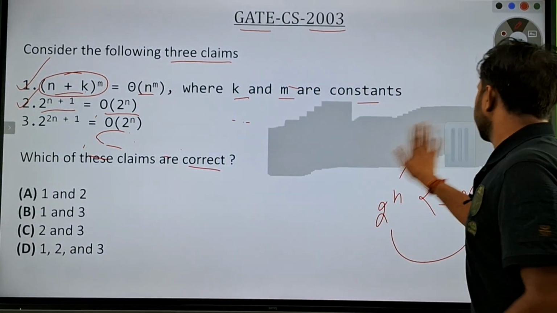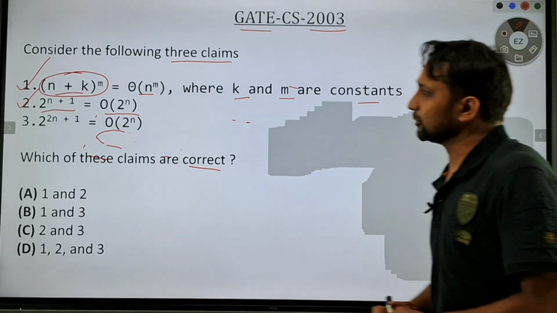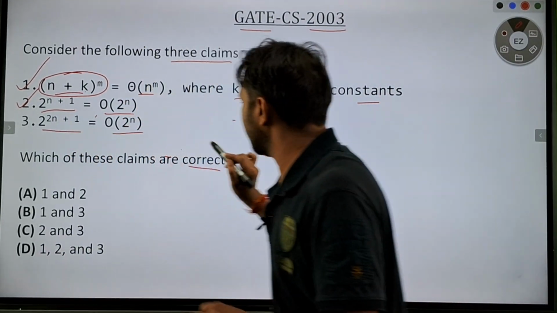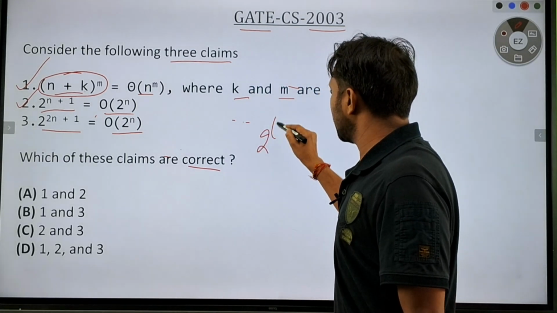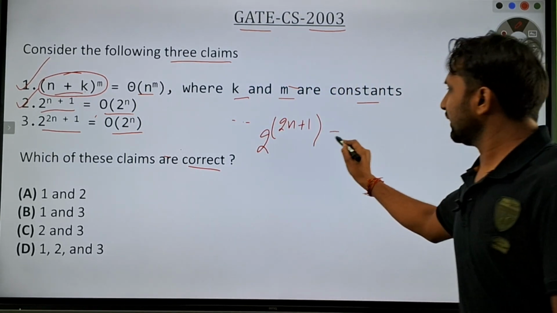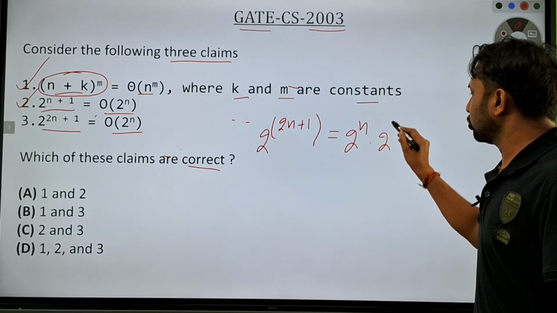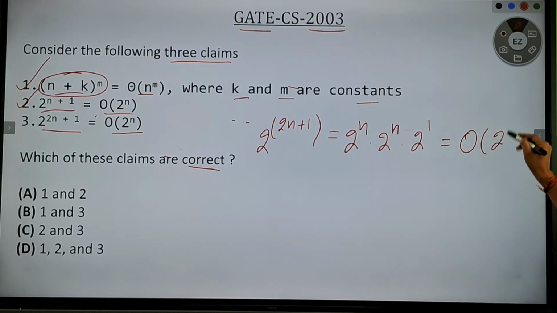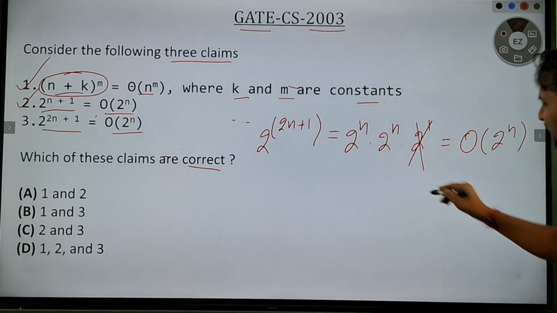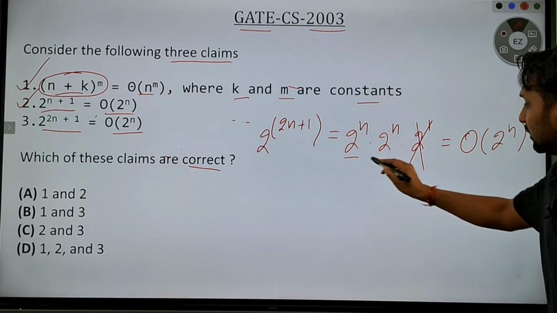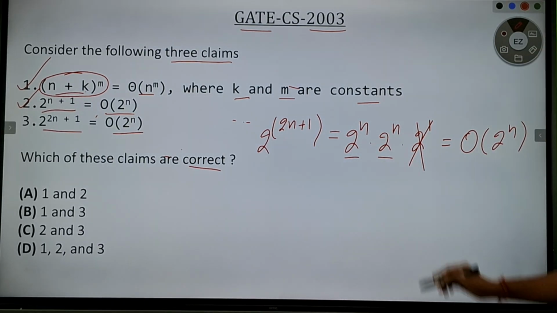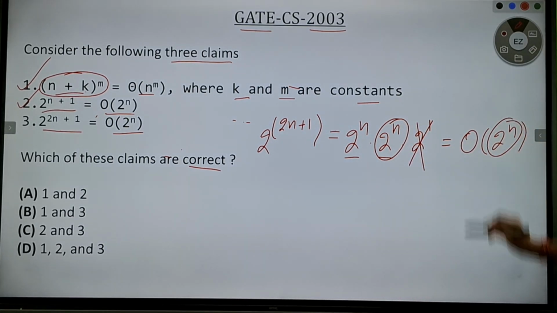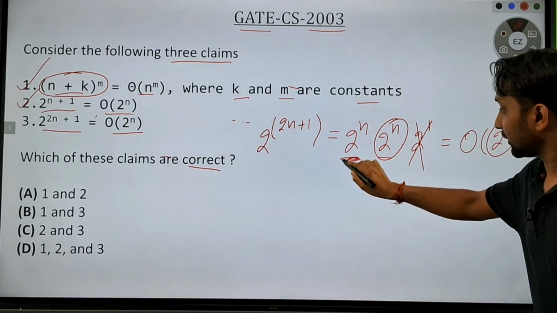Let's check out the third claim now. The third claim says this thing is equal to big O of 2 power n. Let me see what this is. 2 power n plus 1, so I can write it this way: 2 power n into 2 power n into 2 power 1. Is this equal to big O of 2 power n? The constant I can remove. But here we are multiplying 2 power n and 2 power n. This thing is common, but this side is still greater than this.